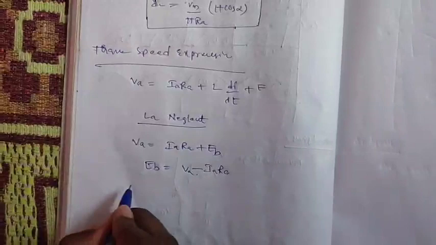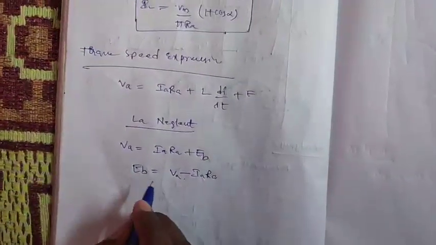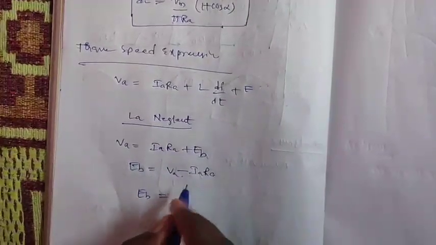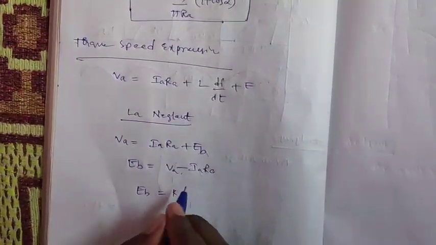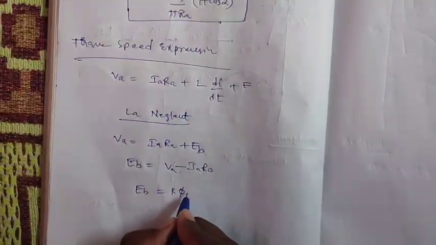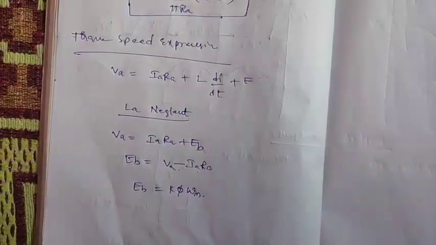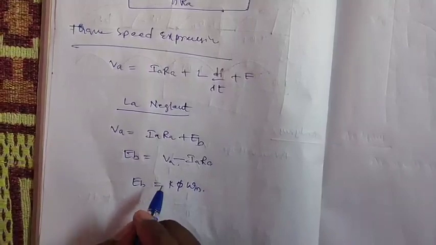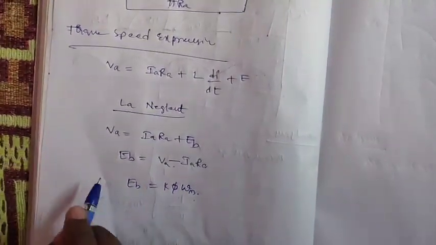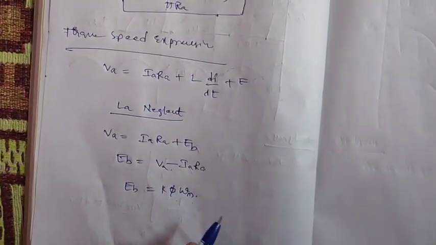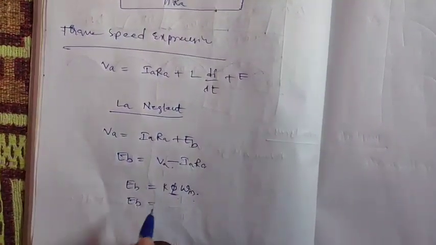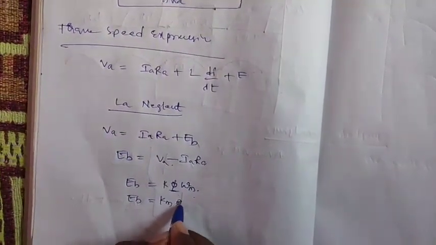In yesterday's class we discussed the torque equation: Eb is directly proportional to a motor constant times flux phi times angular speed omega m. For a separately excited motor the flux phi is constant, so I can write Eb equal to Km times omega m.